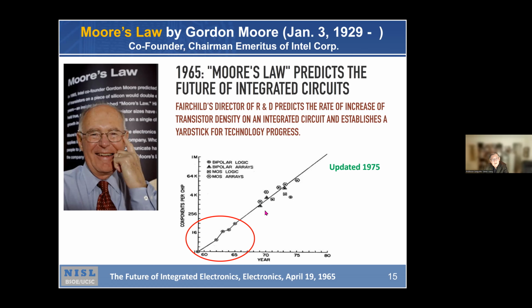Then 10 years later, it was updated in 1975, and this trend has been continued. Indeed, this prediction has played an immense role, because whenever engineers faced a roadblock and couldn't do it, they said, how can it be? According to Gordon Moore, this should happen. And they innovatively found the breakthroughs and continued the mission.